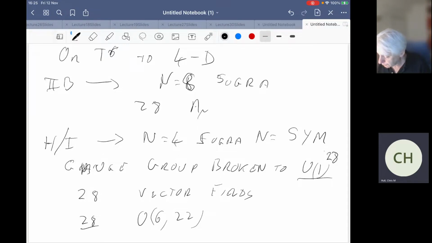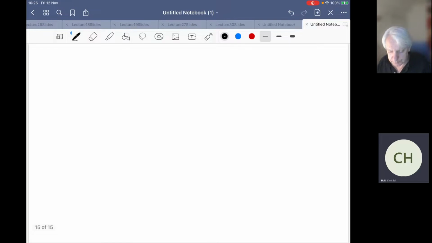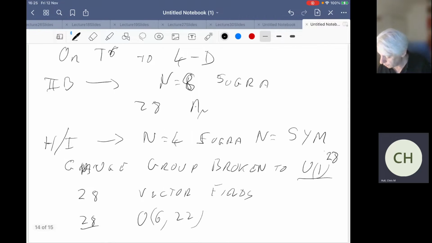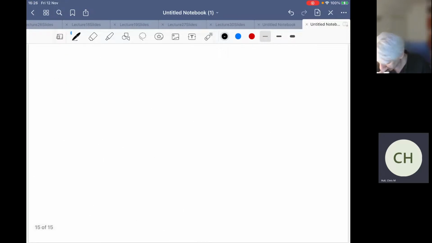So in each case, we've got 28 vector fields. So we've got 28 electric charges and 28 magnetic charges. So I want to, just for the moment, focus on one of the vector fields which arises here, one of the vector fields which arises from the N equals 4 super Yang-Mills.